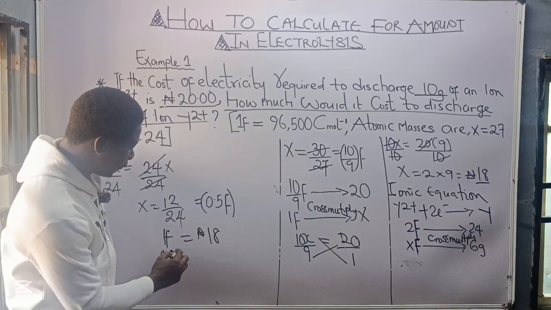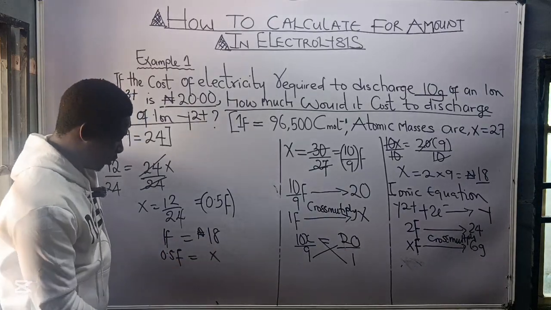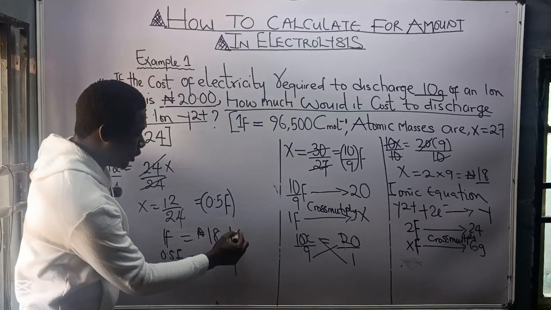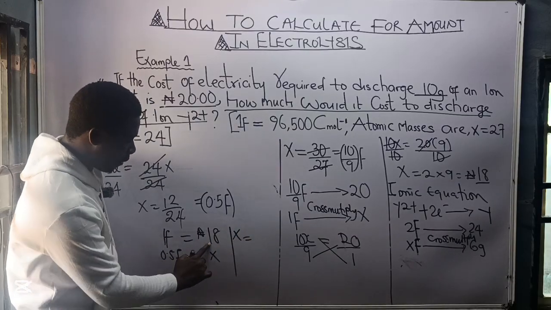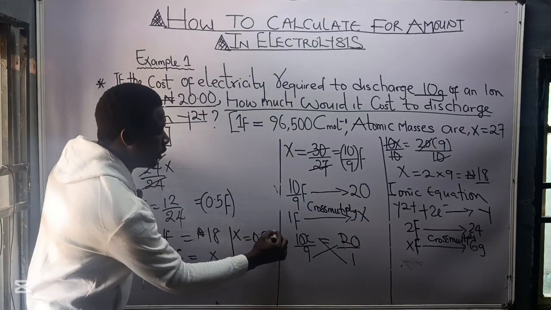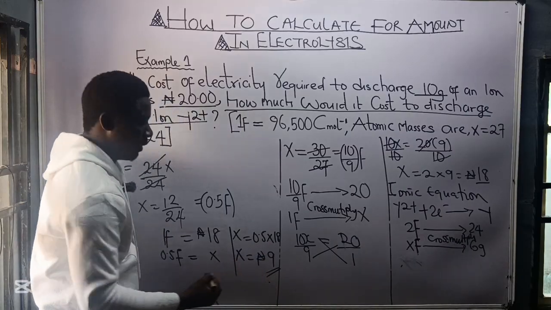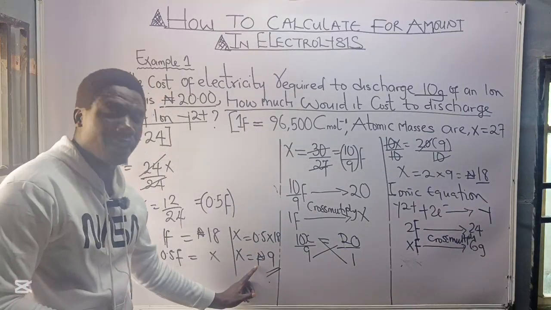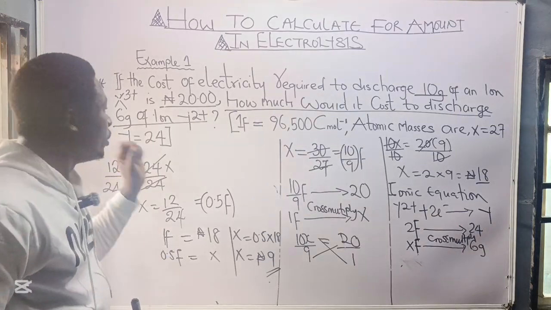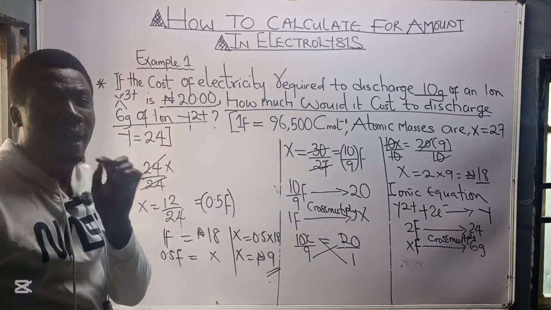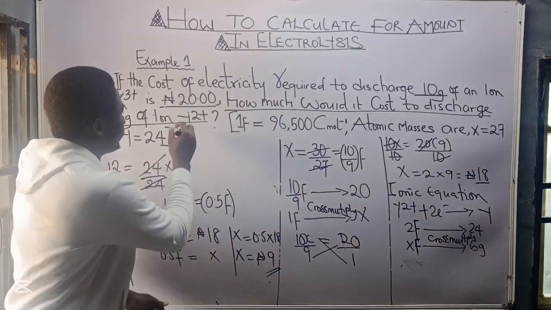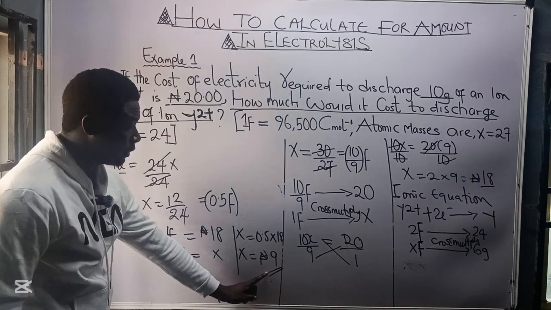So 0.5 Faraday will be equal to what? X. So X times 1 will give us X equals 0.5 times 18 will give us X equals 9 naira. Do you understand? So this is the amount needed to deposit 6 grams of the ion. This is the answer to the question.